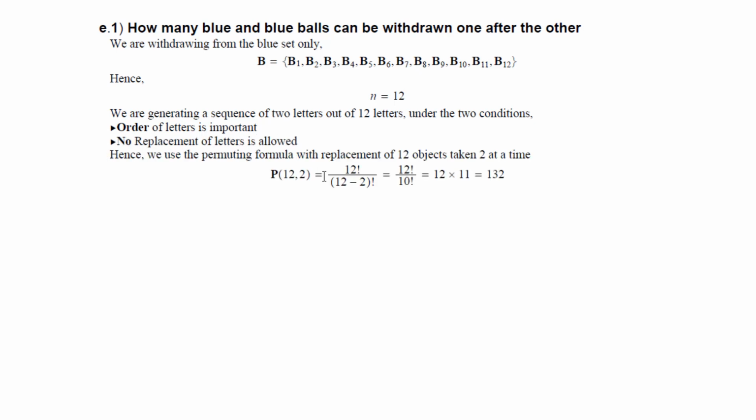In such a case, we can apply the permutation formula without replacement of 12 objects taken 2 at a time, and that is going to be equal to 12 factorial divided by 12 minus 2 factorial, or we can just multiply 12 times 11 and we get 132 ways of withdrawing blue and blue objects.